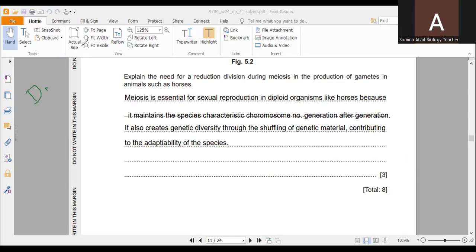Diploid means two sets. And sexual reproduction involves the fusion of two gametes, sperm plus egg. So what will happen when they fuse together if they have the 2n diploid number?